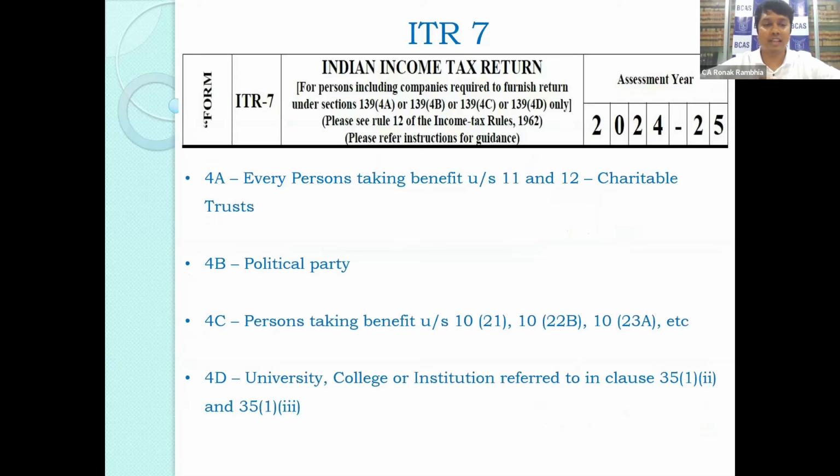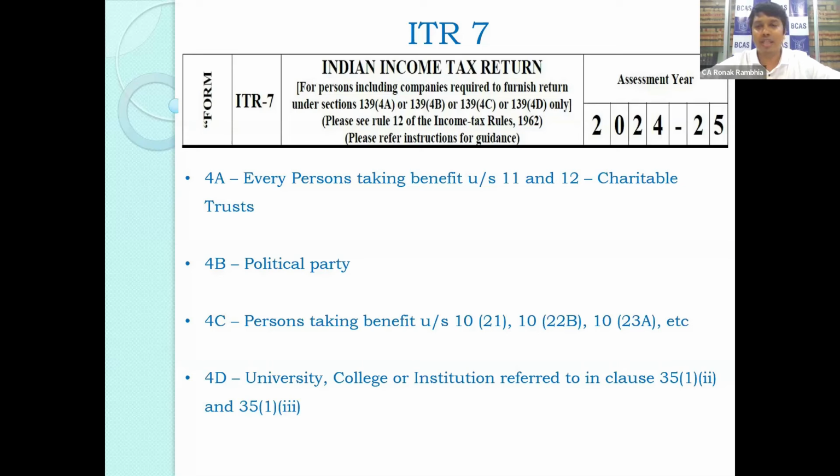And yes, the ITR 7, the very much spoken about ITR, is applicable for persons who are covered under section 139(4A), 4B, 4C, and 4D. So here 139(4A) is for persons taking benefit under section 11 and 12, that is the charitable trust. 4B are the political parties. 4C are persons taking benefit under section 10 subsections.